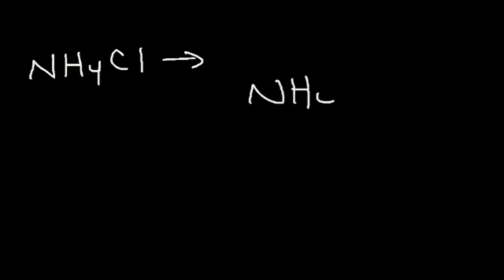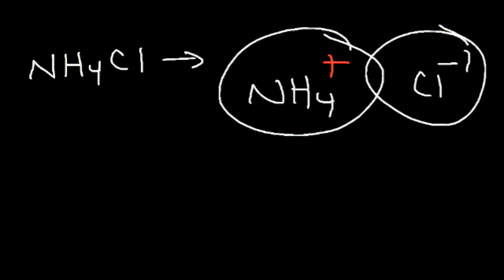Now, there are some ionic bonds that don't have metals. A good example is the ammonium ion. If you see NH4 with something like ammonium chloride, this is ionic. The NH4 plus ion is a polyatomic ion, and chlorine has a negative charge. So here we have ions with charges, so this is an ionic bond.